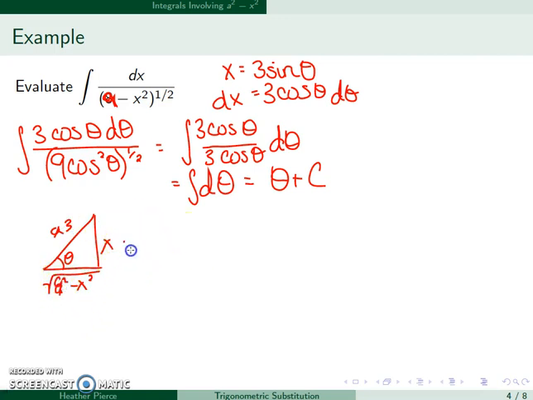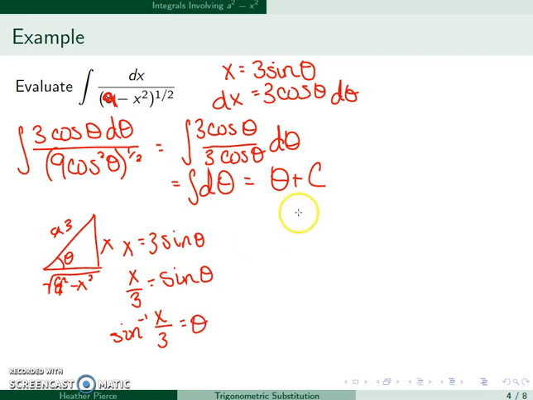And I know that we let x be equal to 3 sine theta. We can divide by 3 and then take the inverse sine of both sides to get that sine inverse of x over 3 is equal to theta. So my final answer is actually sine inverse x over 3 plus c.